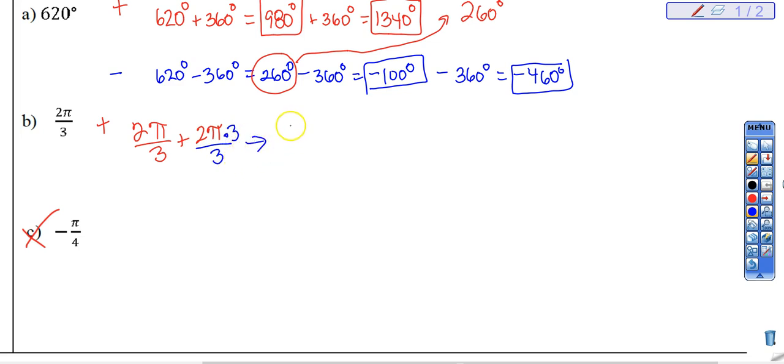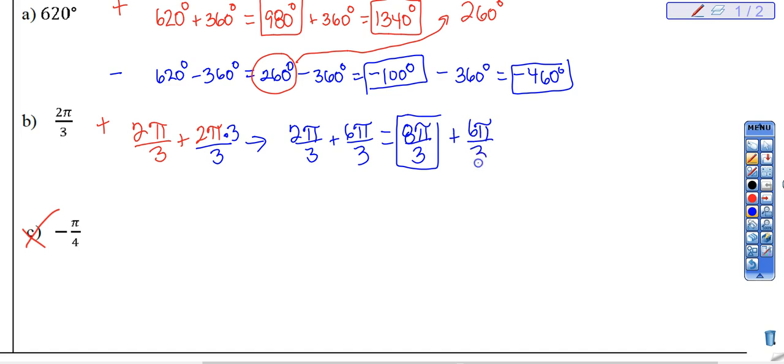I'll move that forward to 2 pi over 3 plus 6 pi over 3. That gives me my first positive coterminal angle of 8 pi over 3 radians. So I'm just adding 2 pi, but with the right denominator. Then I can just add 6 pi over 3 again, and that will give me 14 pi over 3 radians. That's my second coterminal.